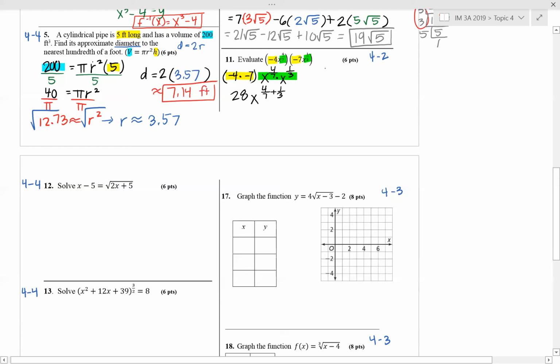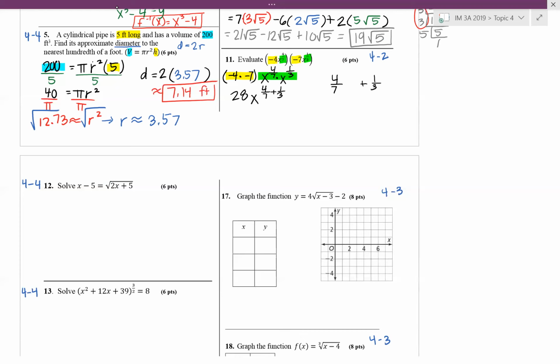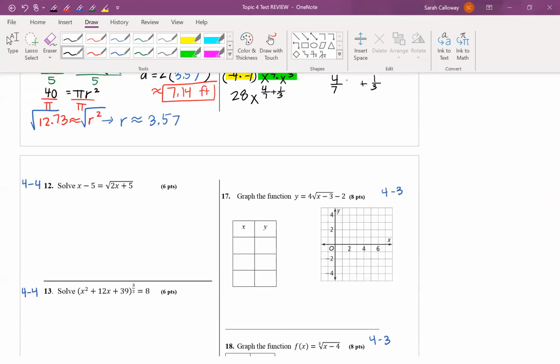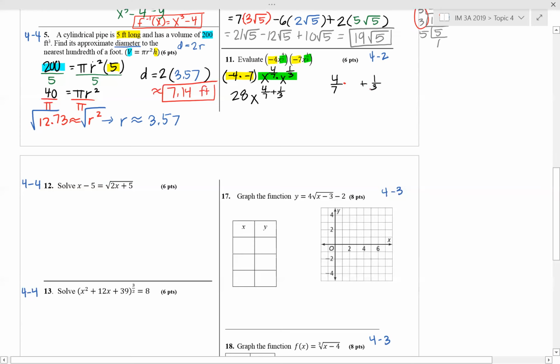So I'm going to do a little bit of side work just so that I don't take up a bunch of space in the exponent and have to write extra small. If I'm adding 4/7 plus 1/3, I need to find a common denominator. 7 and 3 are both prime, so I'm going to multiply the first one by 3/3 and the second one by 7/7.